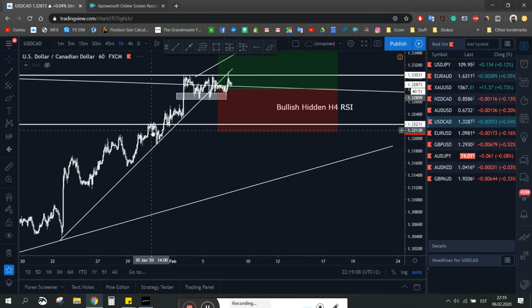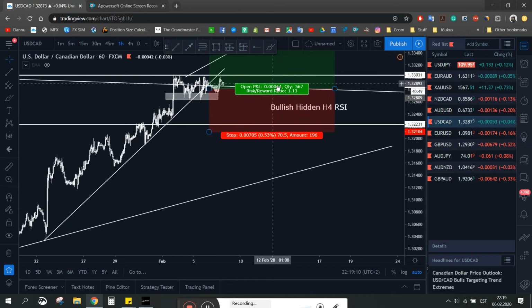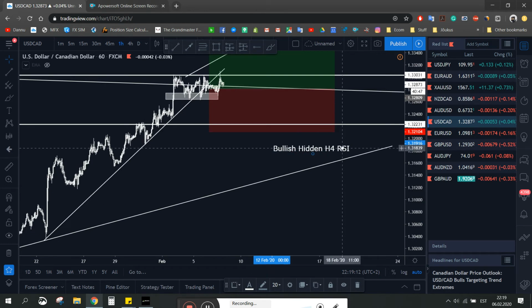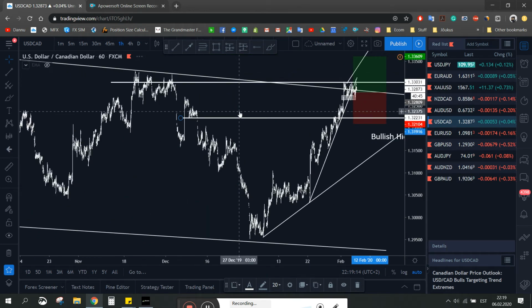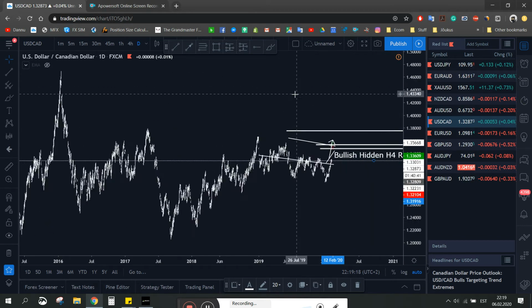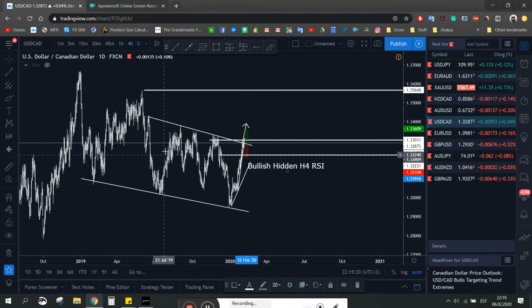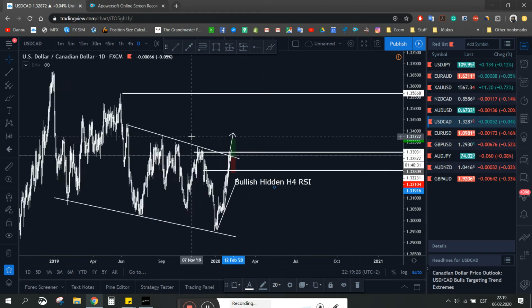USD CAD. I started writing some notes just for argument's sake, because I don't know why I entered the trade. On the daily, it looks like a downward channel, but it's moving pretty sideways. Really weak downtrend.